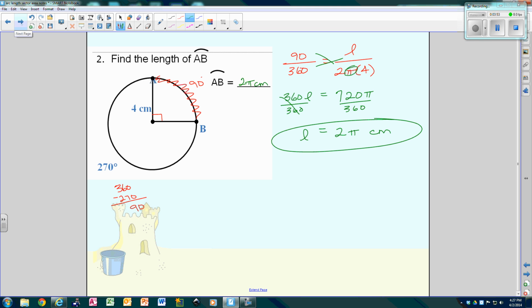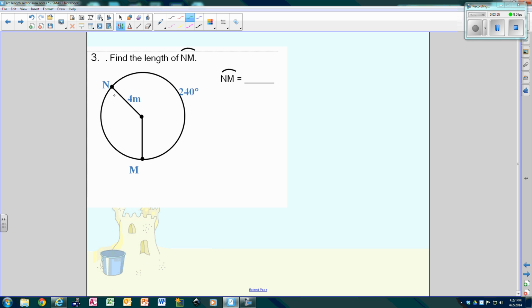Okay, number 3. Find the length of NM. From here to here, I want to know the length. They've given me the larger arc is 240. I know there's 360 altogether, minus 240 is 120. So this is 120 degrees.